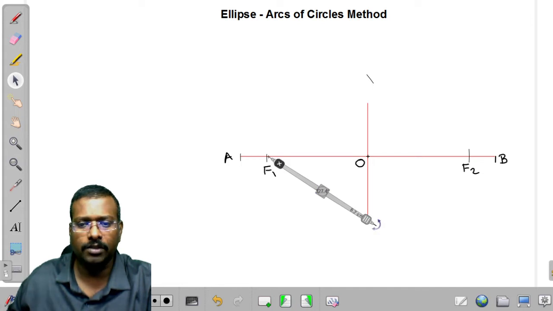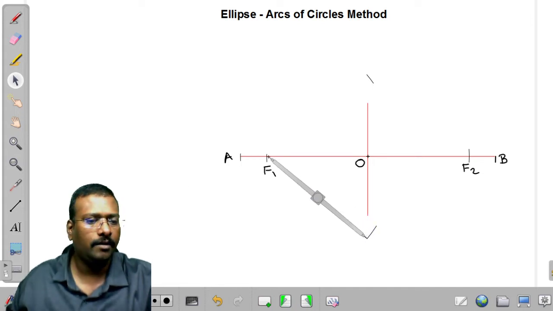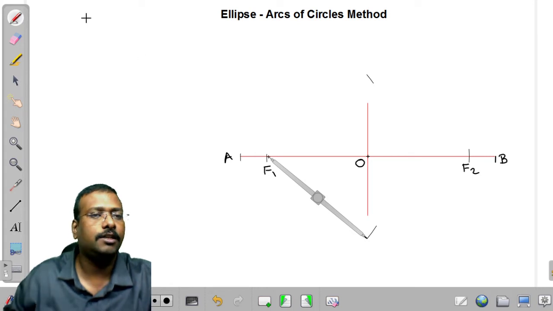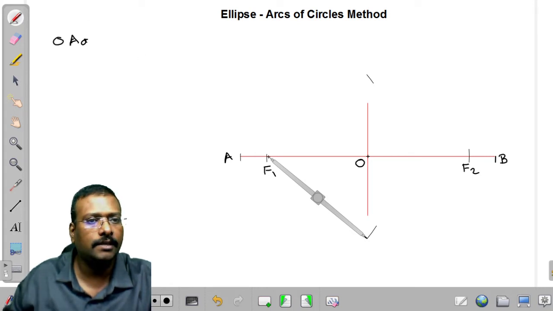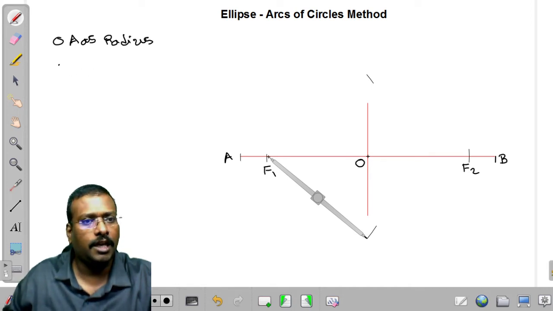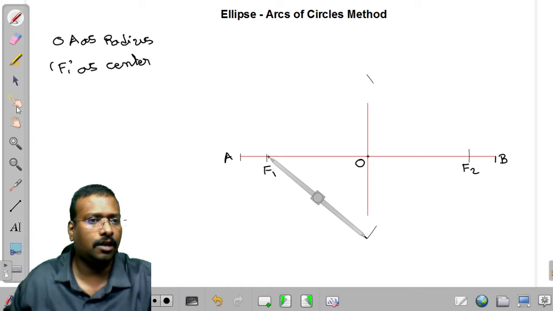So for finding out C D, what we have to do? Take OA as radius, F1 as center, cut the arcs on the vertical line.